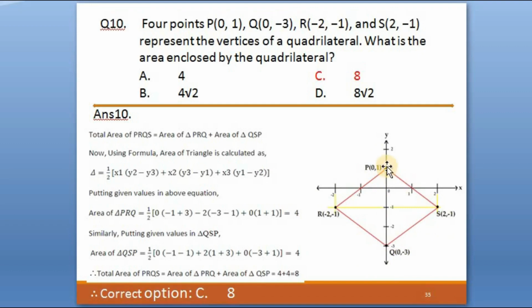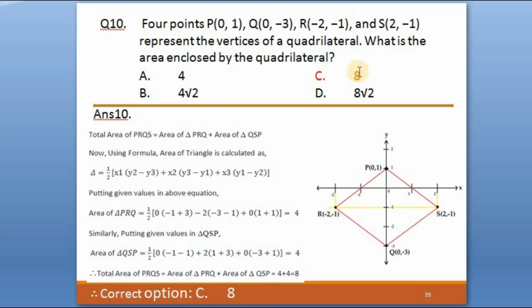If we take one as clockwise and another as anti-clockwise, then naturally their areas will differ. It can be -4, and when we add, it can cancel out. So that's why we maintain the same sequence in the two triangles. So the correct option is C, that is 8.